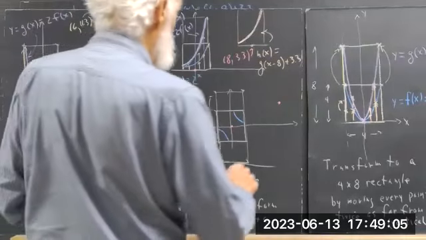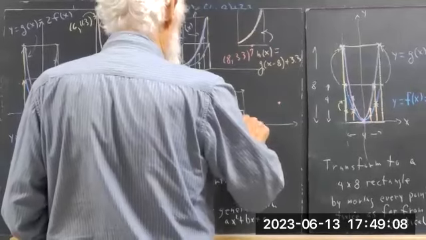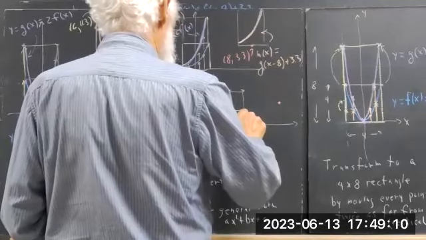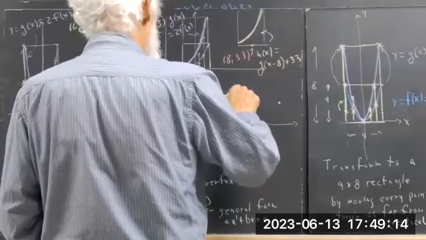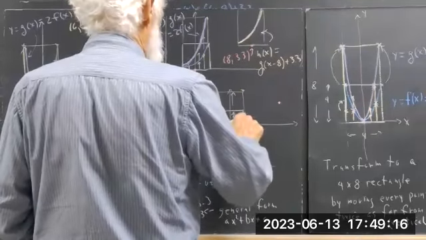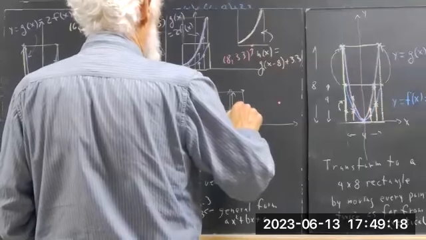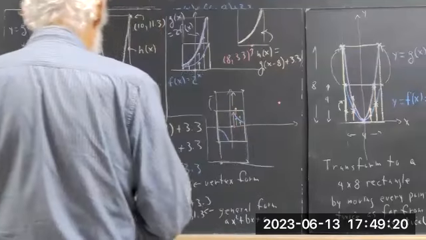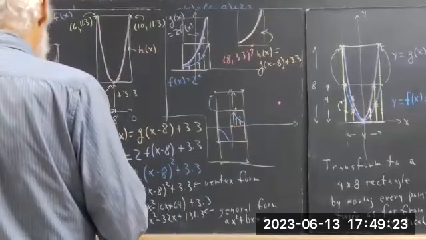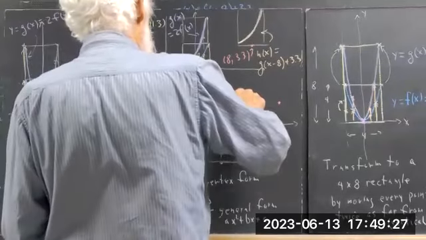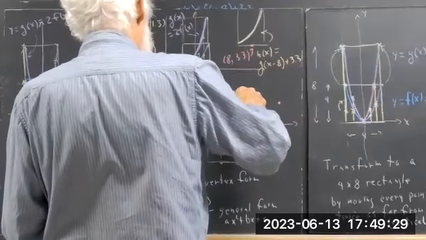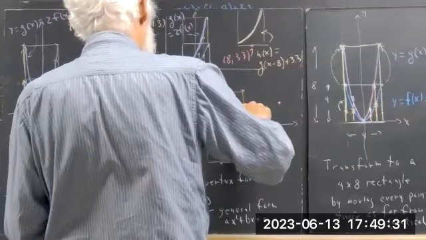Moving each point of the graph, this point is going to move up to here. This point will move up to here. This point might move to here. And our purple graph might then be like so.